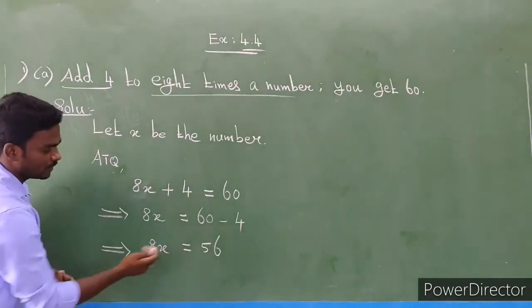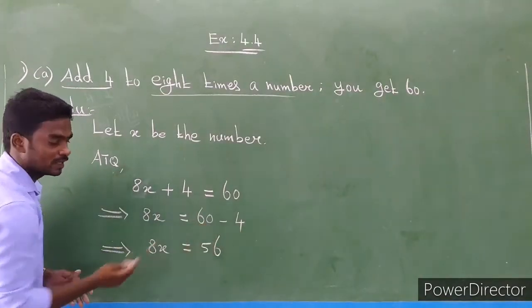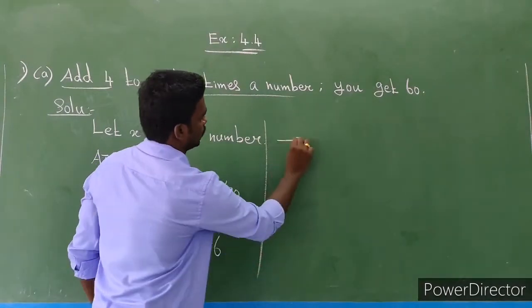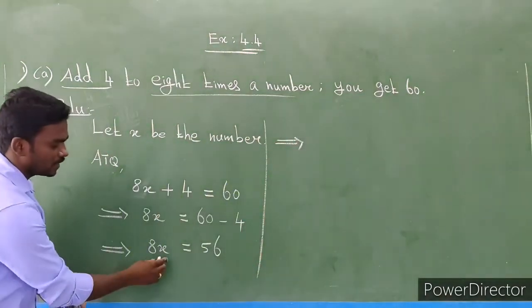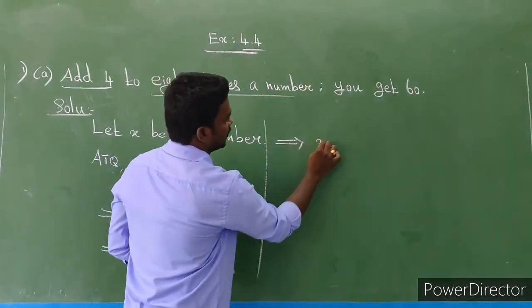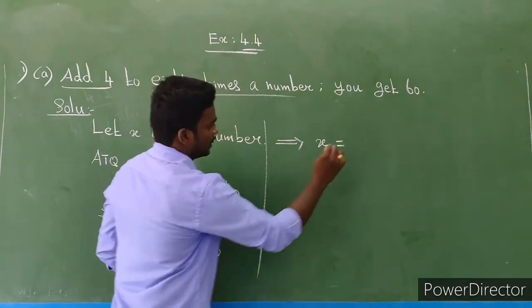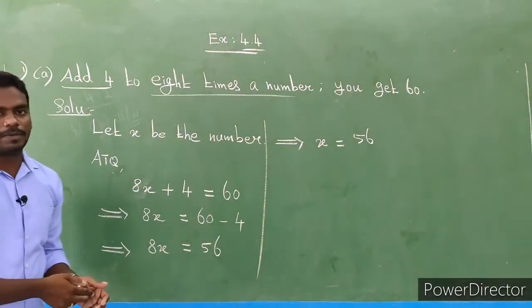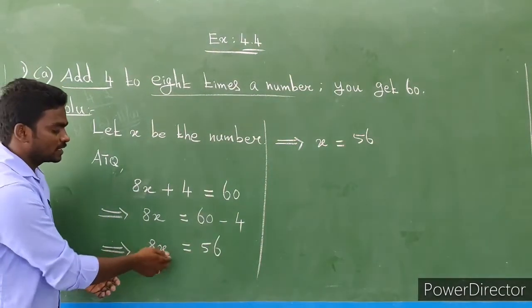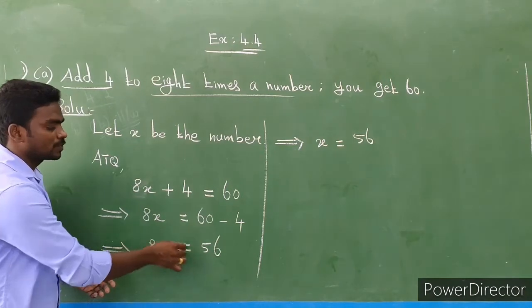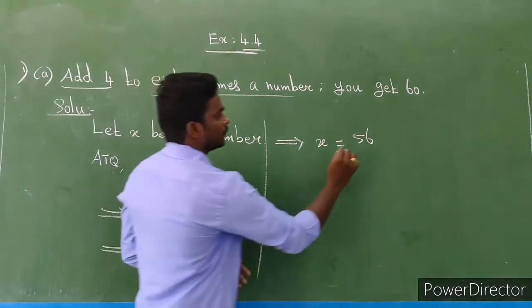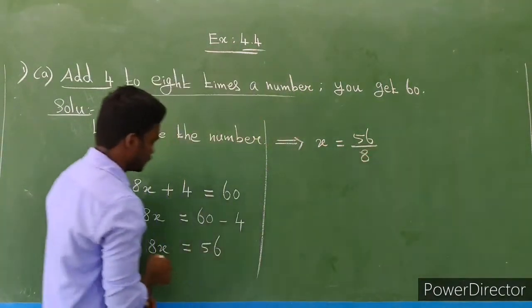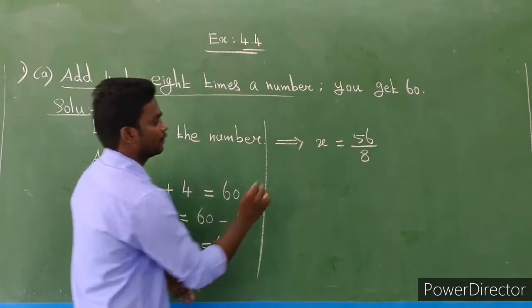It is 56. Next we keep the variable x on the left side. 8x means 8 multiplied by x. So this 8 is transposed to the right side and becomes a division.